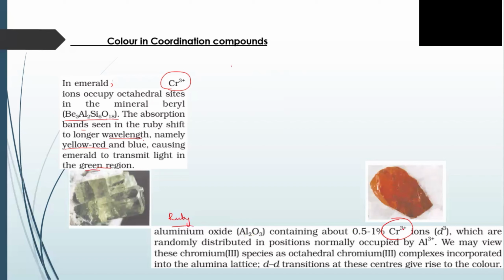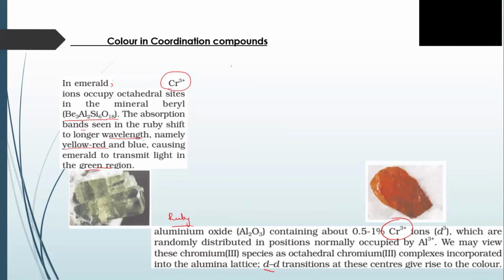So what happens? The crystal field splitting is happening, and d-d electronic transition is happening in the range of the visible region, and the radiation absorbed will be in the region of blue-green. So the complex will appear ruby red.